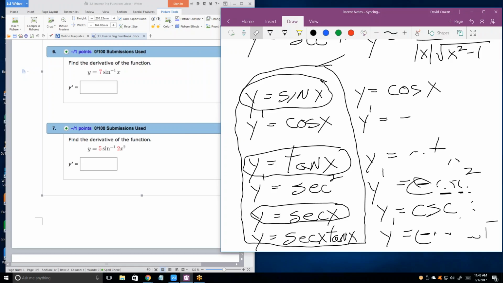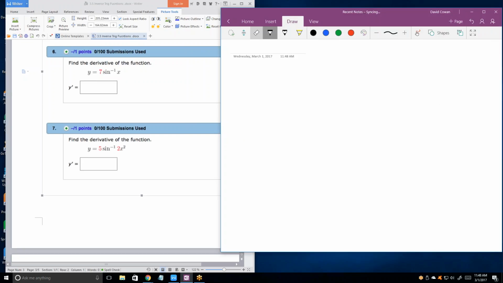I'm going to have to use a different drawing program, which I have, at least I used to have. And the same principle applies to inverse trig functions. In other words, let's go back. If y equals inverse sine of x, what's y prime?